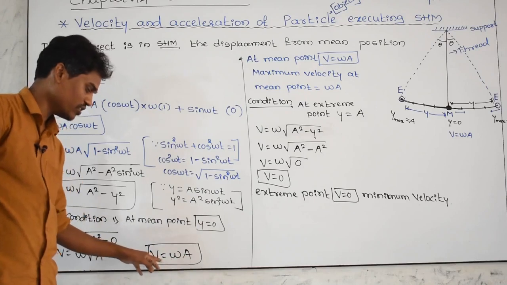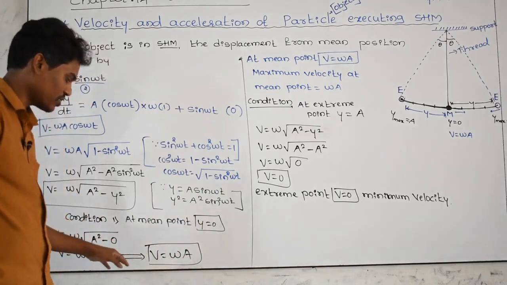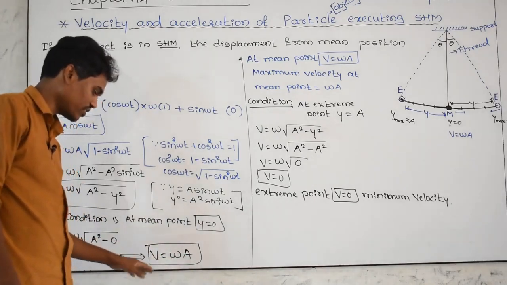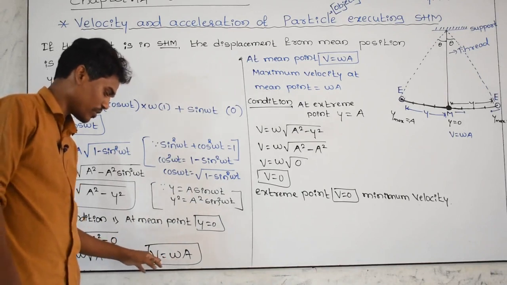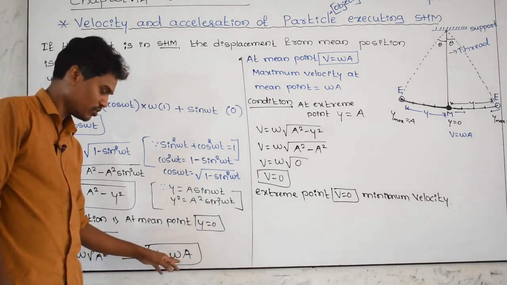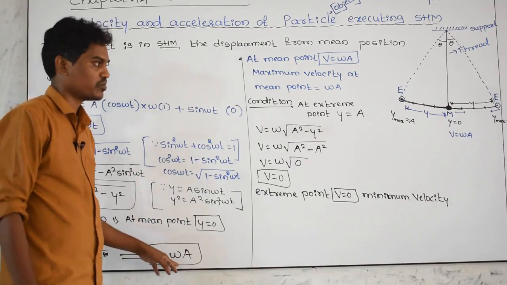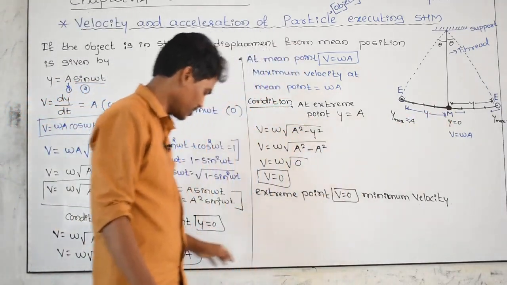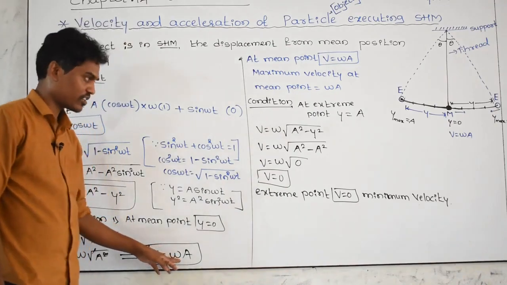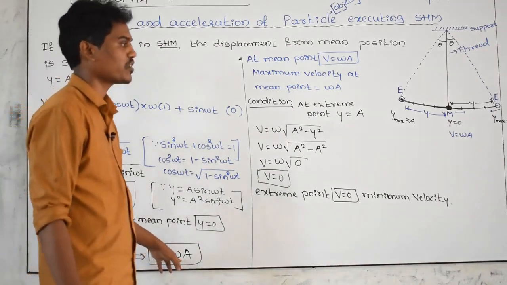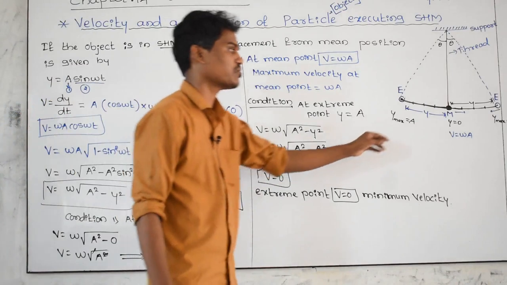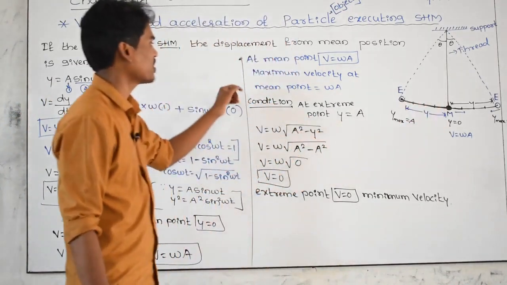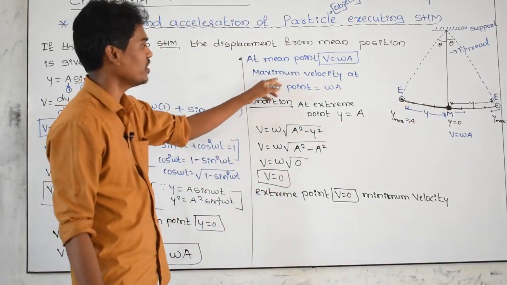After calculating, the magnitude of velocity does not become 0, meaning the velocity is maximum at the mean position. At the mean position the velocity of the object executing simple harmonic motion is not 0, that is, it is maximum velocity.